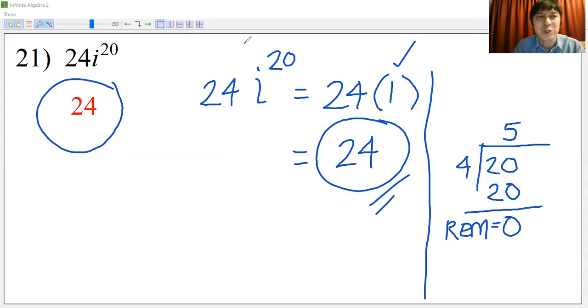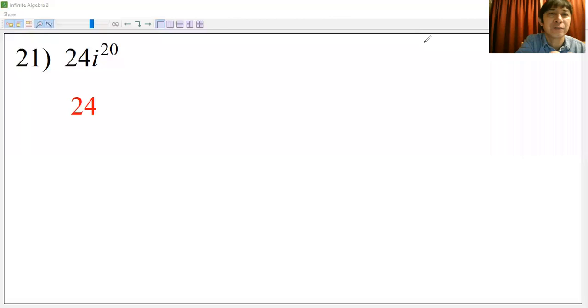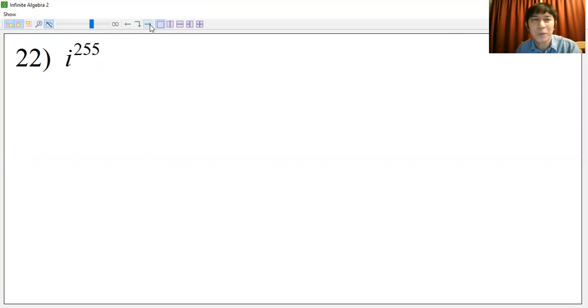Let's consider the next. I hope this is clear, and let's continue with the 22nd. Here's 22. What is i raised to 255? Here's what I'm talking about: what if the number is so large? Simplify i raised to 255.